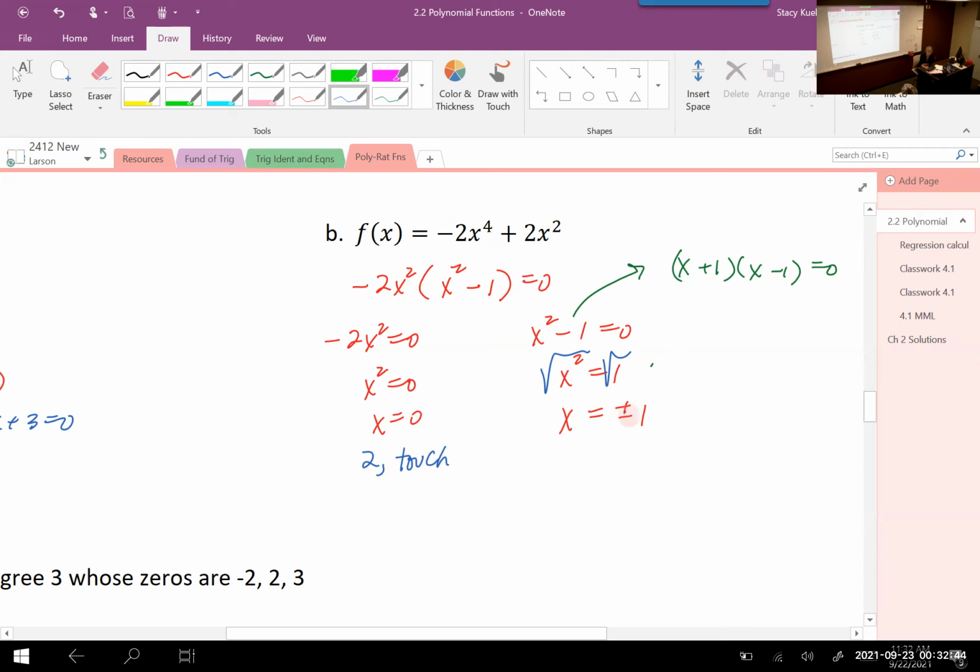It'd be 1, because x squared minus 1 is just raised to the first power, isn't it? So it still has a multiplicity of 1, so we would just cross. If you had broken it down further, you can see each of those has a multiplicity of 1, so again, you get the same result, okay?